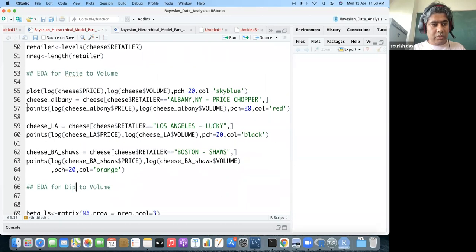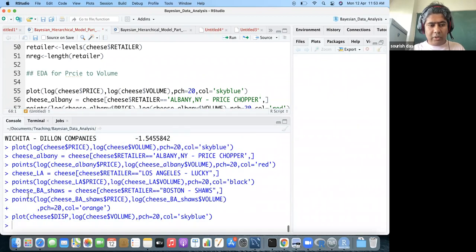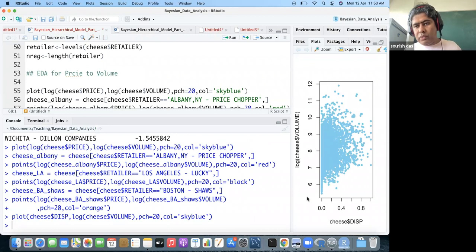First thing I will do is instead of price, we'll say display activity. Let us draw them. In fact, I don't need log because we are not doing it for log activity. Okay, so this is what we have here.